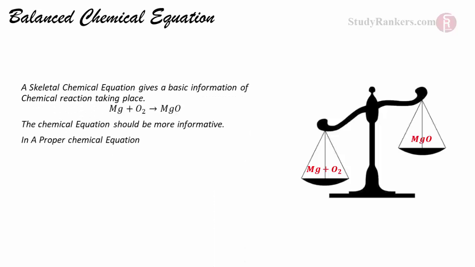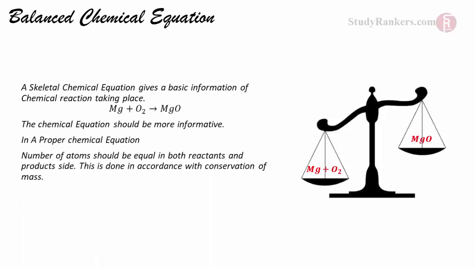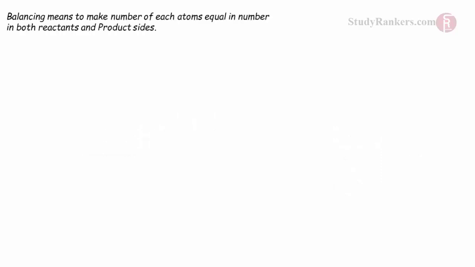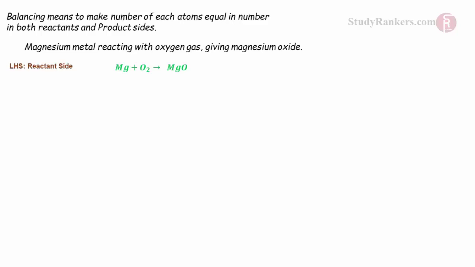By conservation of mass, the number of atoms of each element participating in the reaction should be equal on both reactant and product side. But as you can see, the number of oxygen atoms is not the same on both sides.